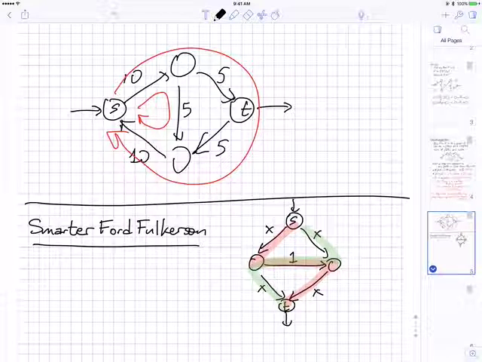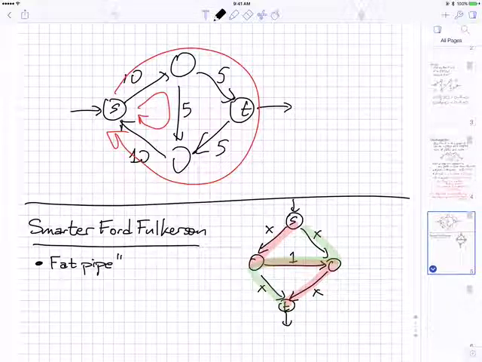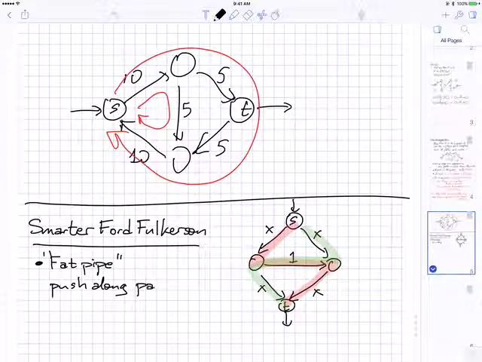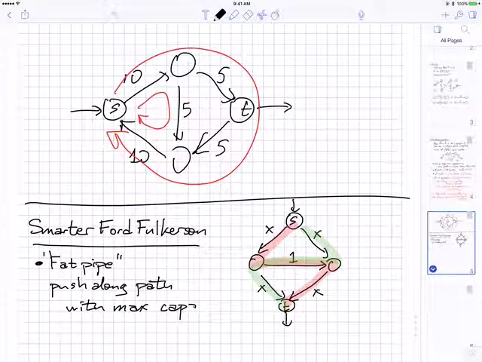Okay, so this is the one that everybody thinks of first. This is what I call the fat pipes heuristic. I want to push along the path in the residual graph with maximum capacity.